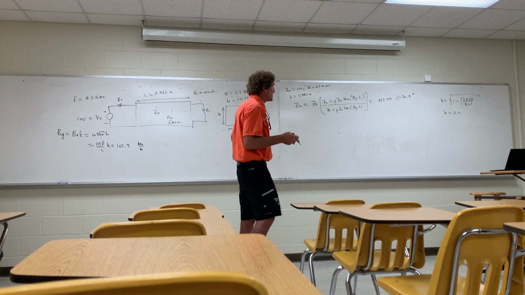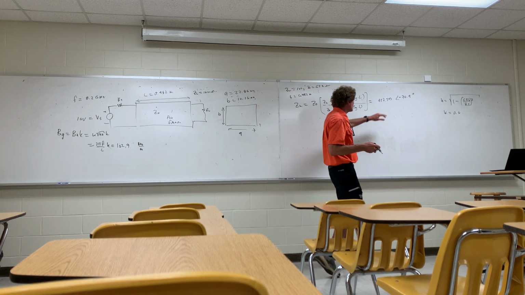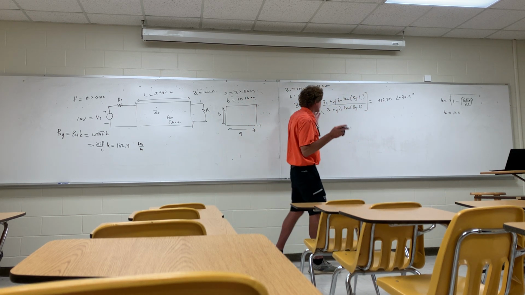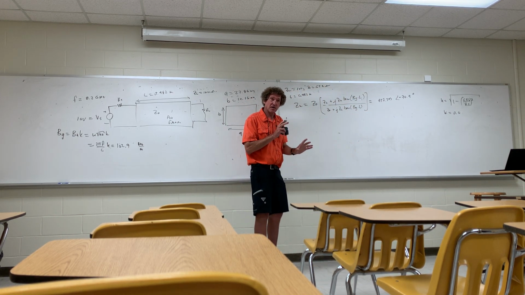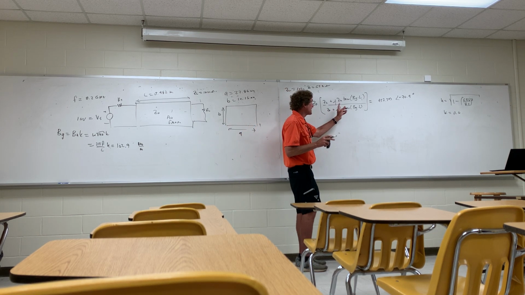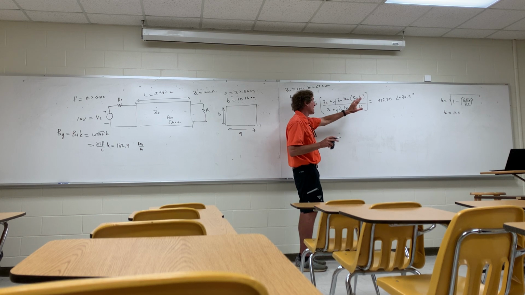Here's what I'm going to say: if you're getting a different number for the magnitude, and you're getting the same values for Z naught and ZL, and you get the same values for the tangent, it's got to be right here. The tangent of beta times L has got to be the thing that's causing the problem. That's where the change occurs so fast.